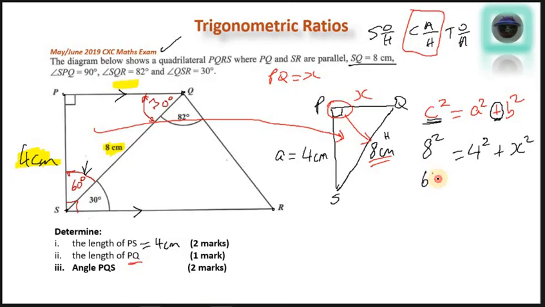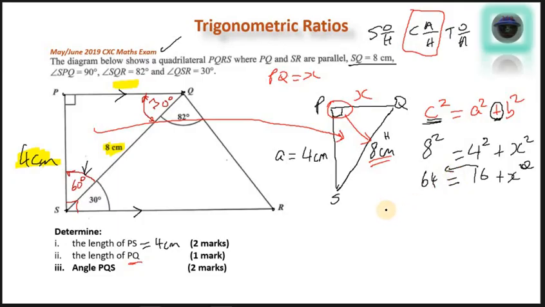Let me take it one step at a time. 8 squared is 64, which equals 16 plus x squared.